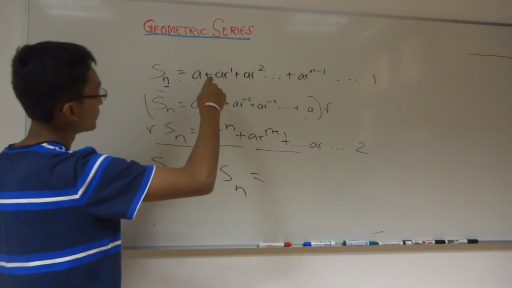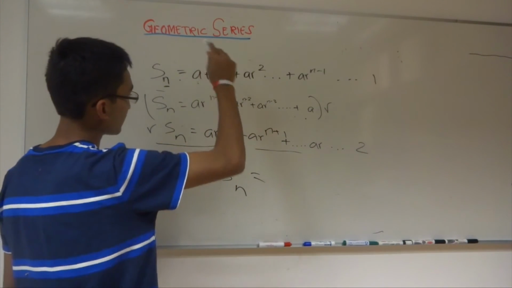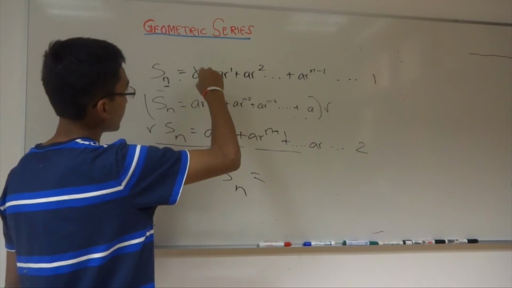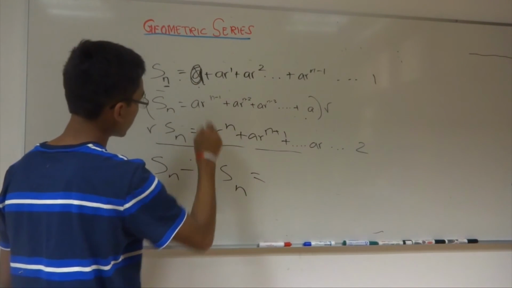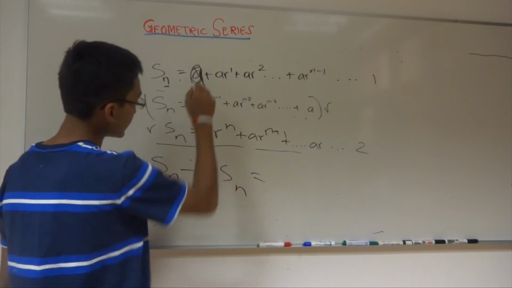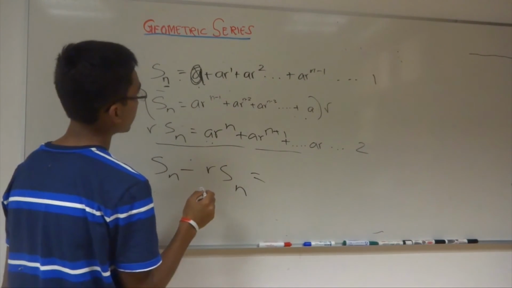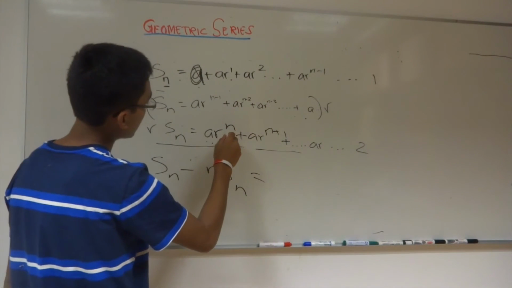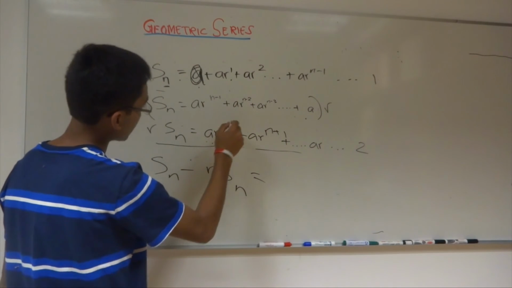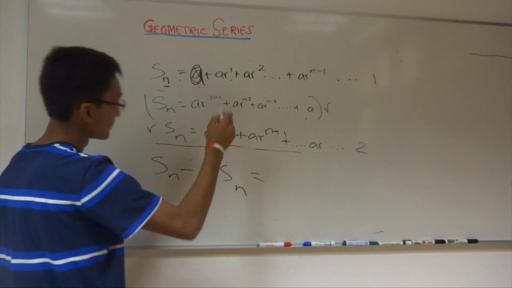So when you subtract these two equations, a remains here, because a is not in the other equation, so you can't subtract it.